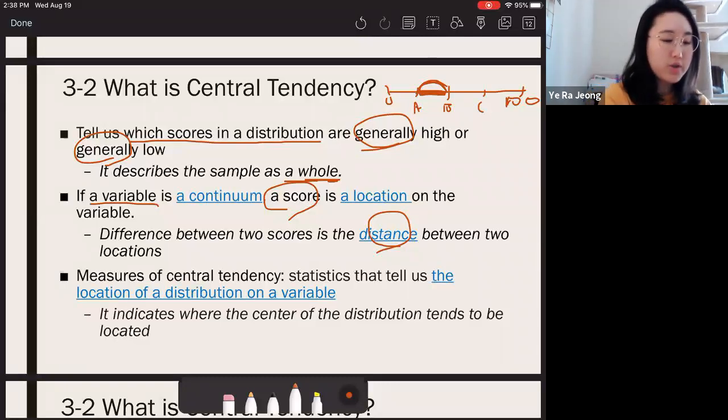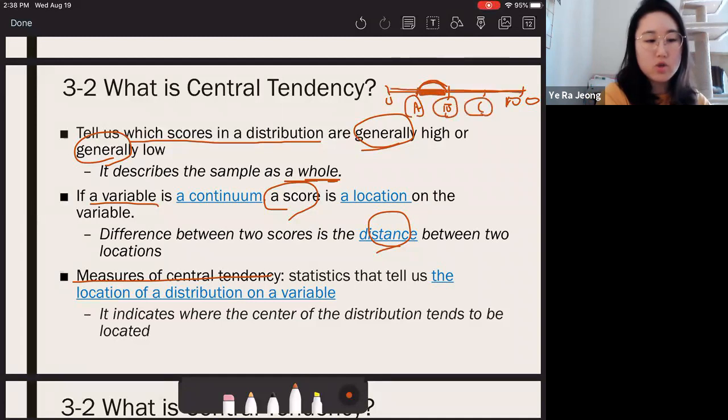Okay, and a measure of central tendency tells us, okay, if we summarize these three people's scores in this continuum into just one location, that is the function of central tendency. It tells us in general where these people's scores lie in this continuum of the variable.